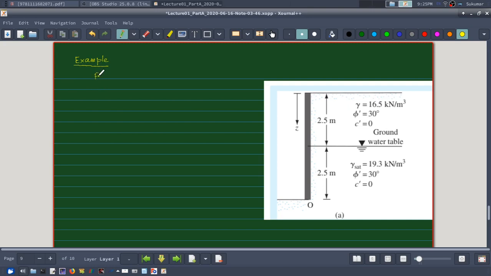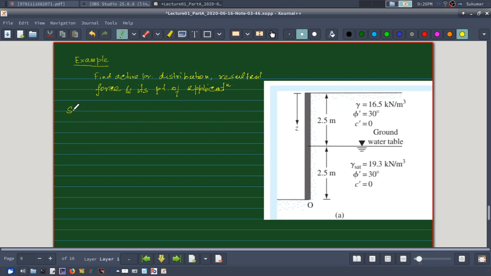So find the active earth pressure distribution, then the resultant force, that means the resultant active earth pressure and its point of application. So this is our problem.